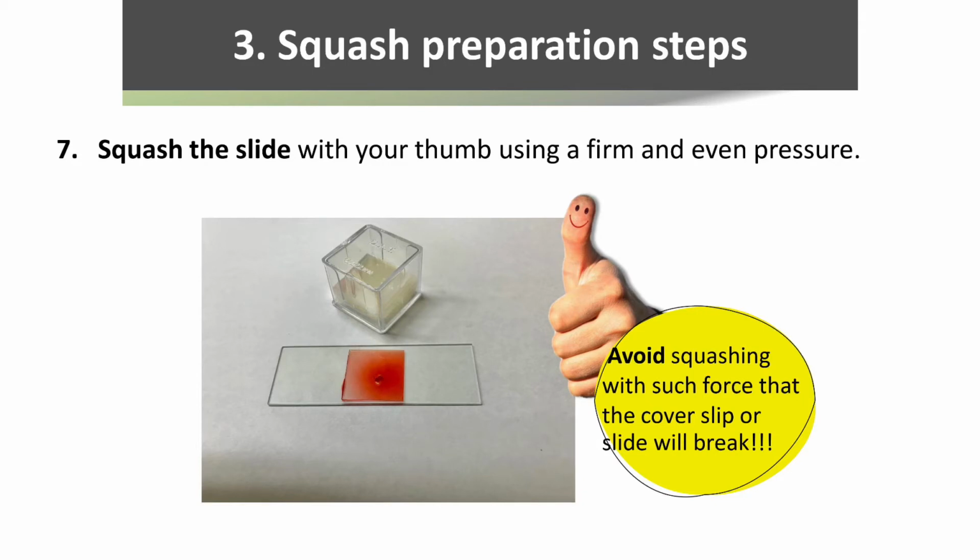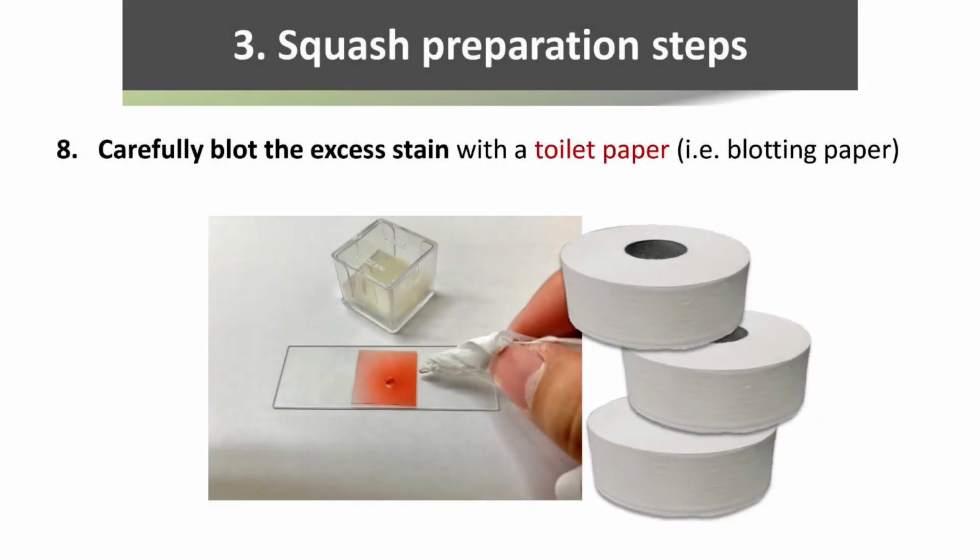Please avoid squashing with such force that the cover slip or slide will break. You can blot the excess stain with the toilet paper from the rim of the cover slip as in step 2.